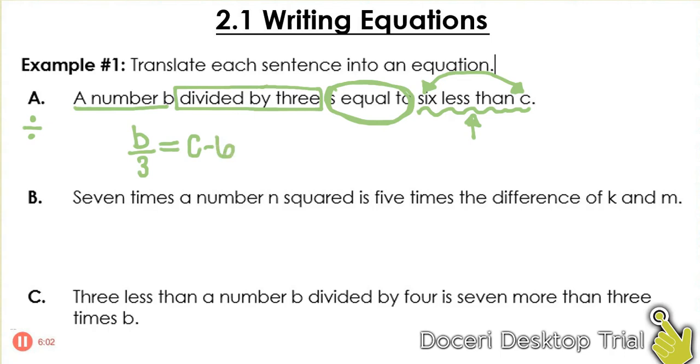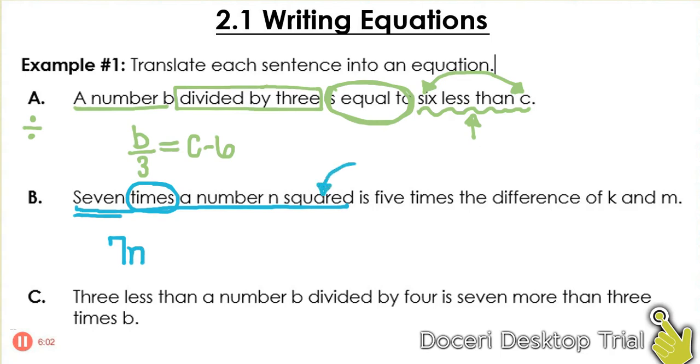Letter B says 7 times a number n squared. So we know we're taking 7 and then we are times, which means to multiply. So 7 times a number n squared. Now what does squared mean?